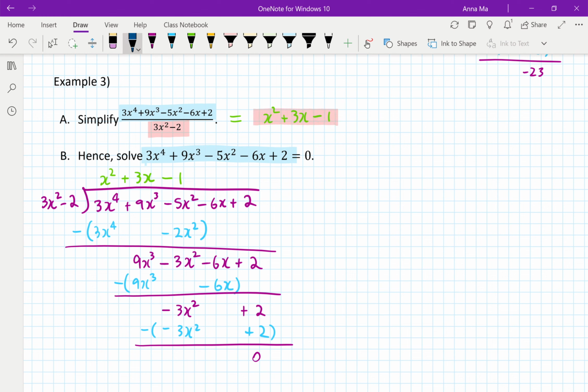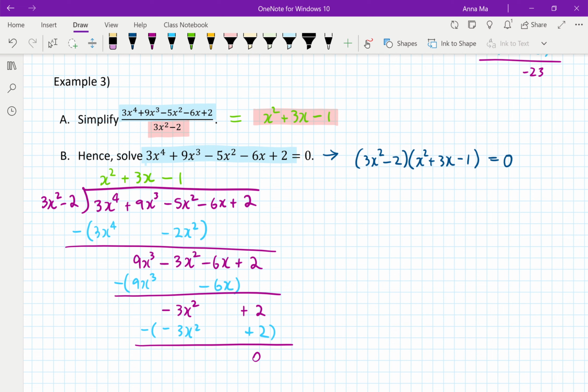So now I can rewrite this equation as your divisor times the quotient is equal to 0. And voila, we've actually factorized it. And it's a quadratic and a quadratic, which means we can just solve it separately.